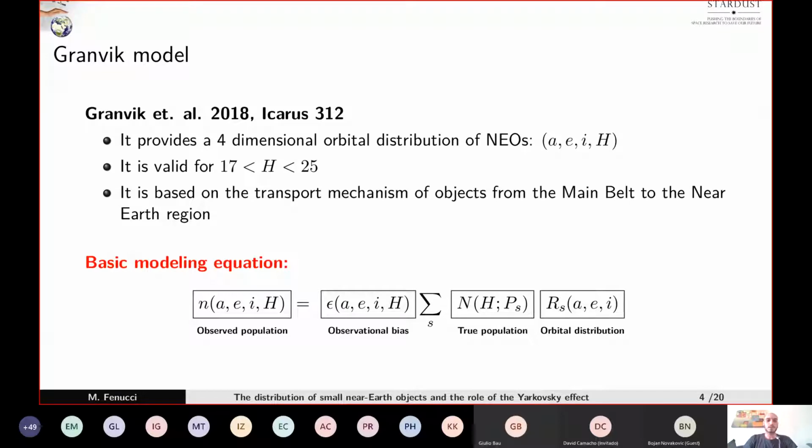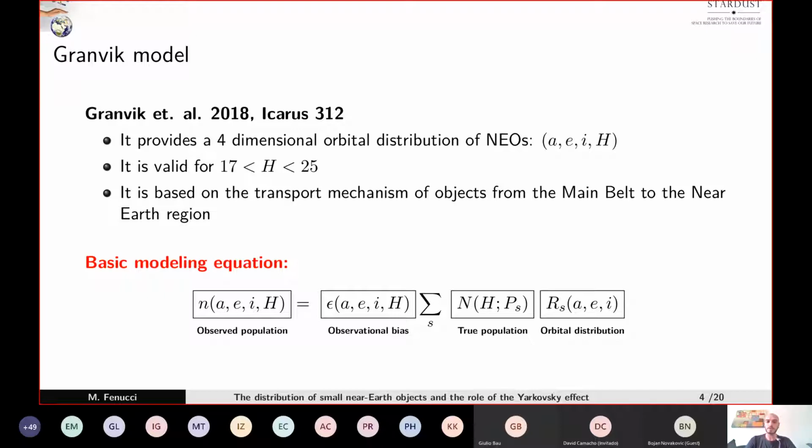The basic modeling equation of this Granvik model is the following one. On the left-hand side, we have the population observed by some survey. On the right-hand side, we have a bias associated with the survey, and then we have the true population, which is composed of the contribution of each source region.